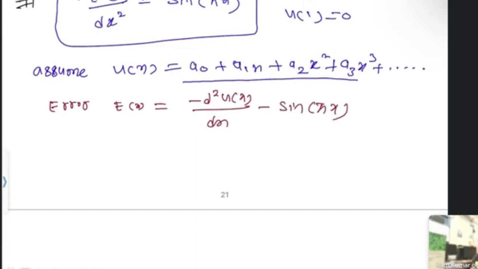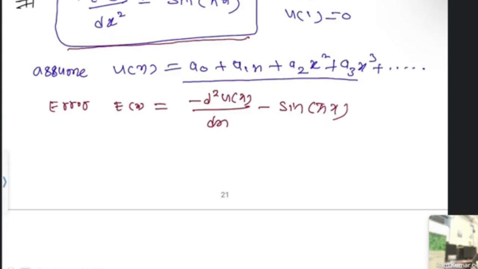If we are assuming something, this is the equation I want to solve. It is a simple equation that we can solve by handwritten solution, but sometimes it is not possible to solve by whatever we studied in school or college, first year, second year.